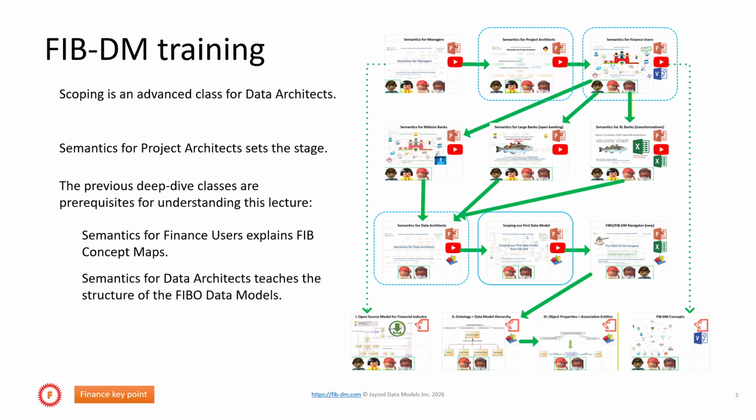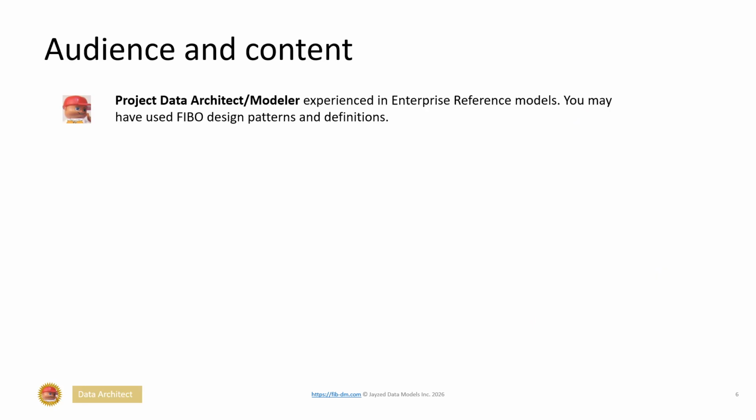And then we should have the class before this one, Semantics for Data Architect, which is teaching the structure of FIB-DM. And the FIB-DM concepts article is a good reference that you should study after completing this class.